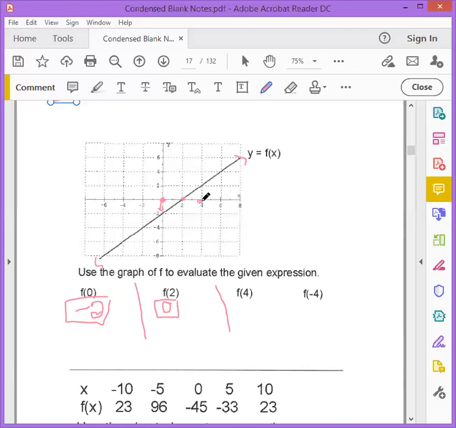Our graph is here at positive 2. So the value of that function at 4 will be 2. And now when x is negative 4, our graph is at negative 6. So the value of that function is negative 6.